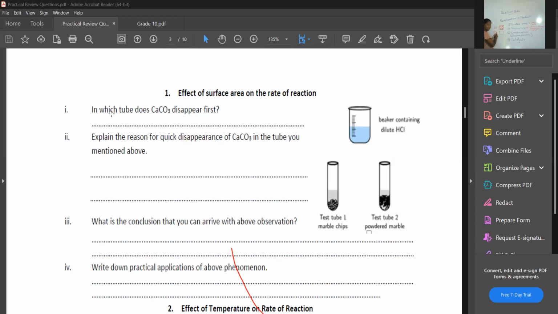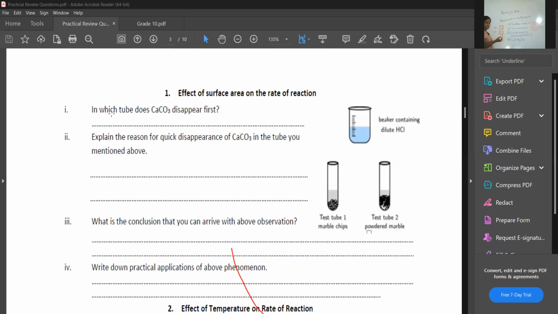But in the concentrated one, there are more HCl particles, only some water. So the number of particles in a unit volume is more if the concentration is high.